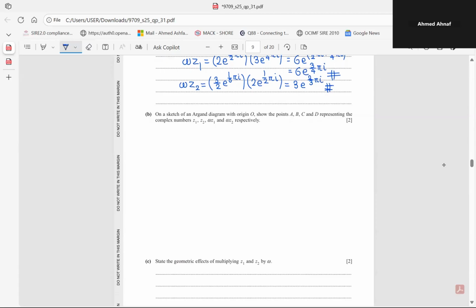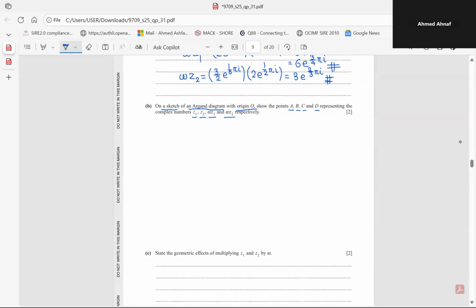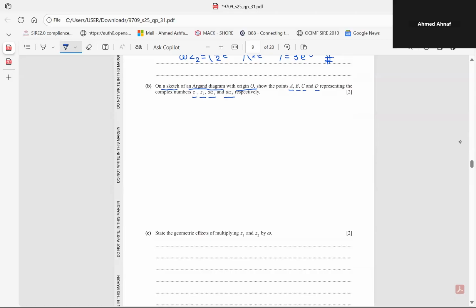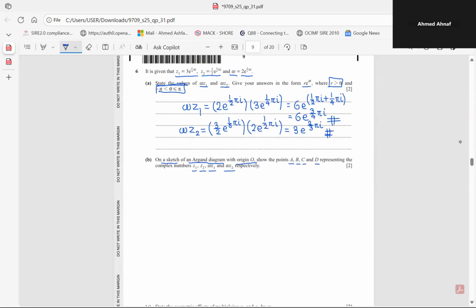Okay, so here on a sketch of an Argand diagram with the origin O, show the points A, B, C, and D representing the complex numbers z1, z2, omega times z1, and omega times z2 respectively. Okay, so here we are going to have to sketch them on an Argand diagram.